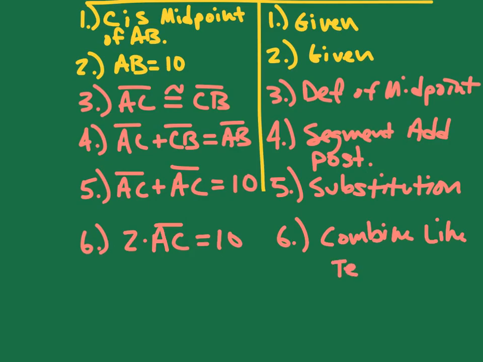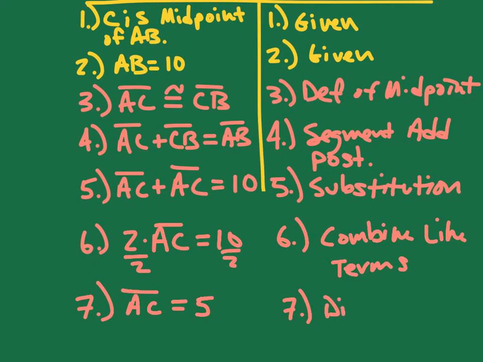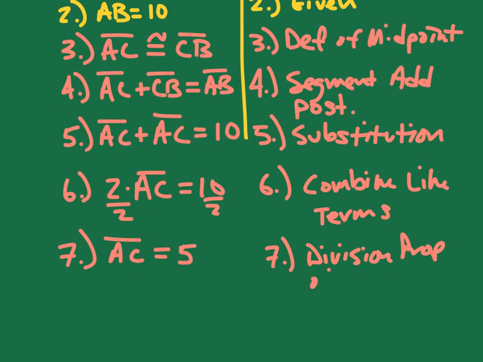Then in my seventh statement, I'm going to divide by 2 on both sides, and I'm going to get that AC is equal to 5. The reason I did that is the division property of equality. And then I'm done.